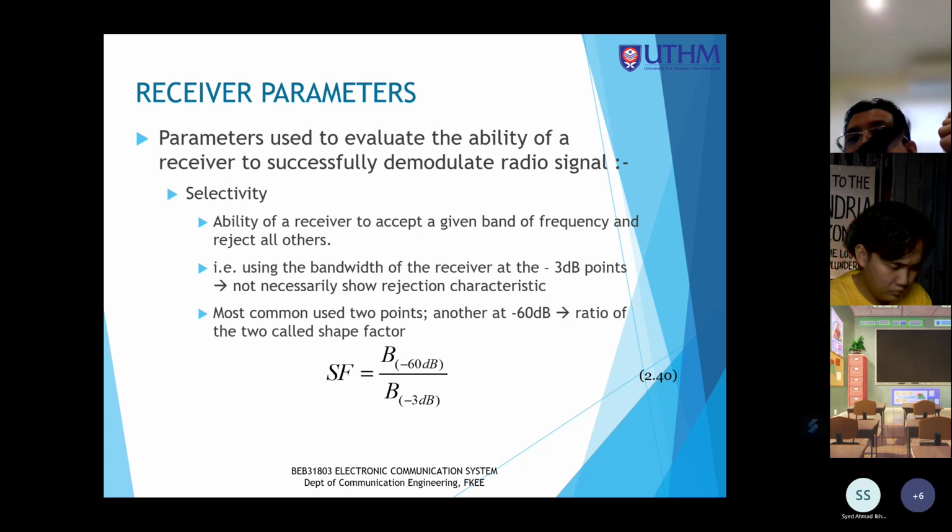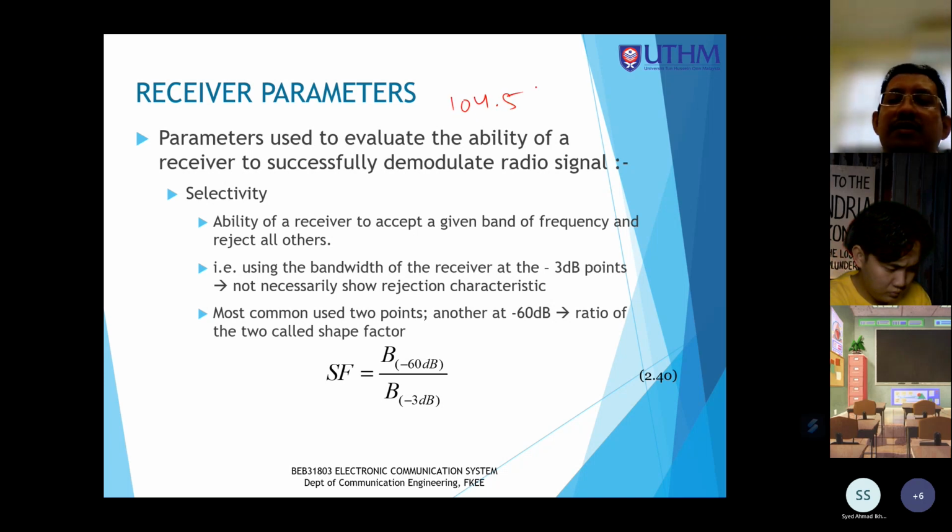It will select the signal that we want. Contoh saya nak dengar radio, Era FM for example, 104.5. Tapi sorry, kita belajar tentang AM.